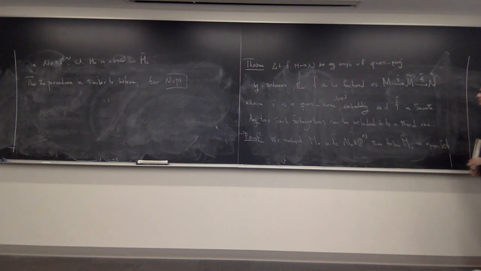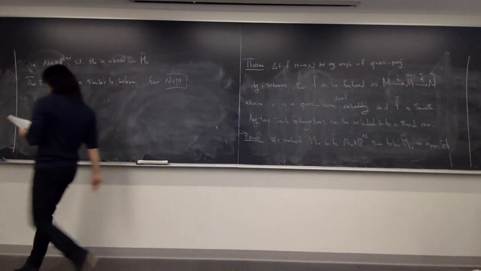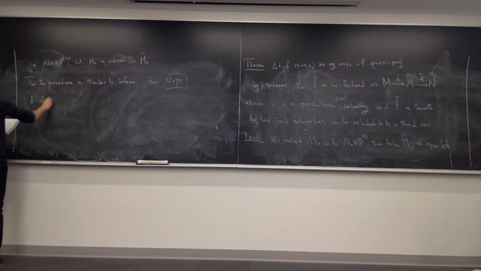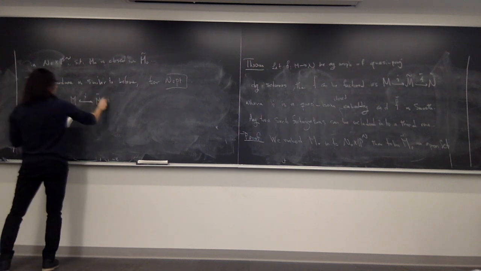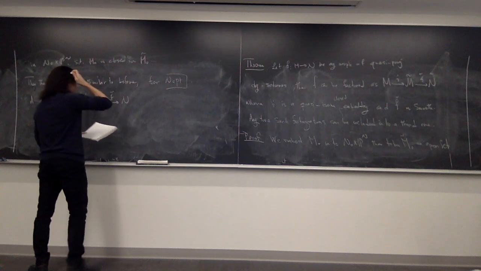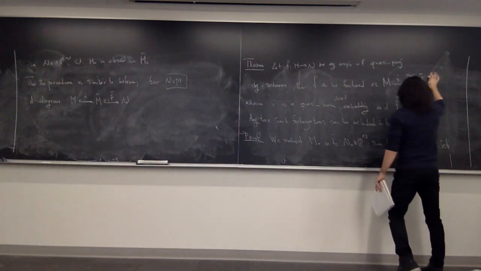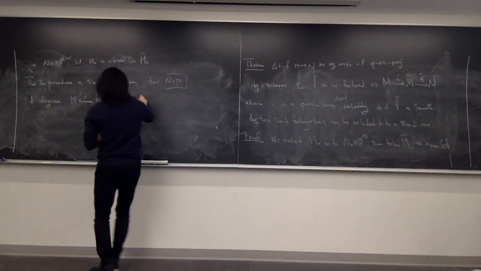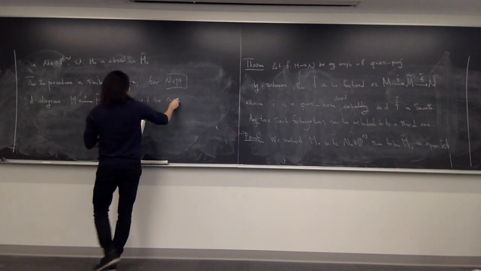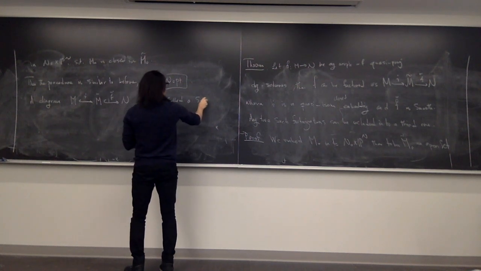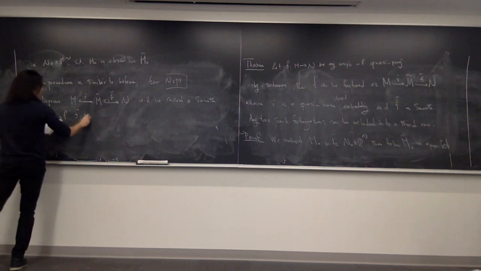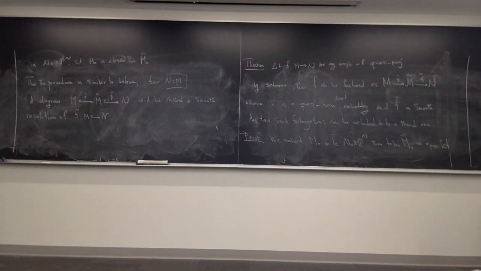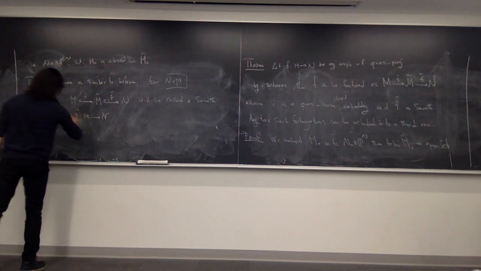The only difference here is that N is a diagram M goes to M tilde goes to N, which will be called a smooth resolution of F from original M to N. It is not an injection.